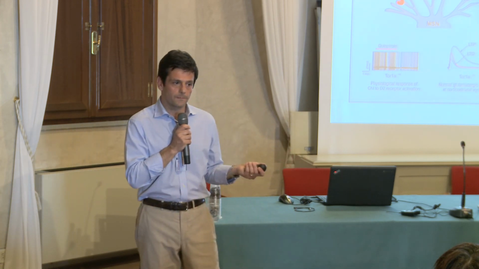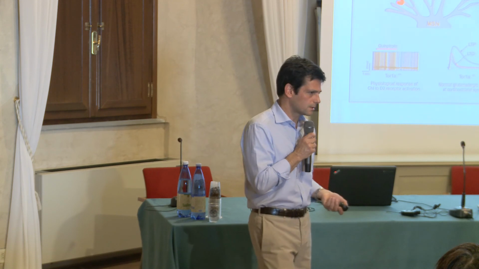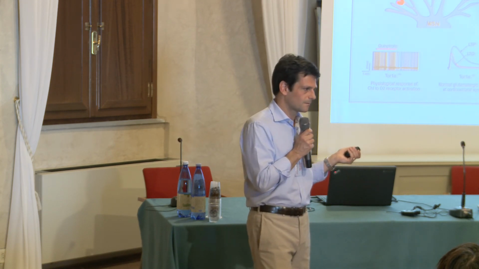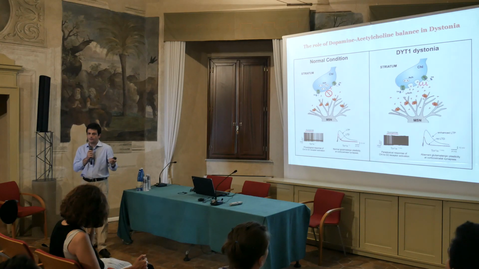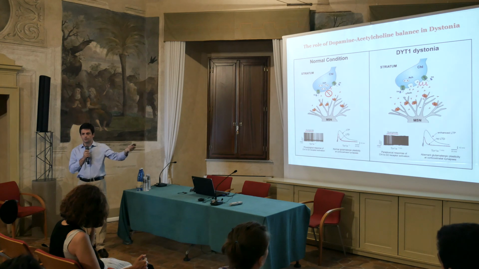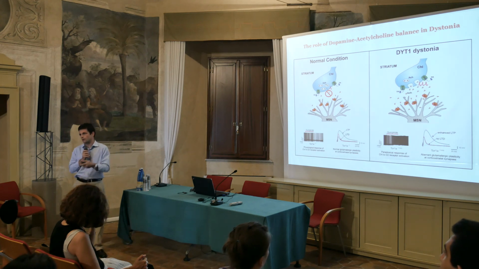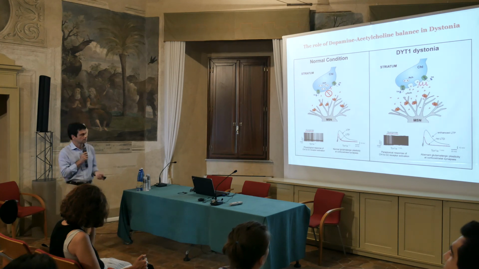And as you can see, talking about the reliability of models, this is completely different from the PINK1 one, nothing to do with it. And the mechanism, so if I give an anticholinergic to PINK1, nothing happens. So the mechanisms are completely different, as expected.